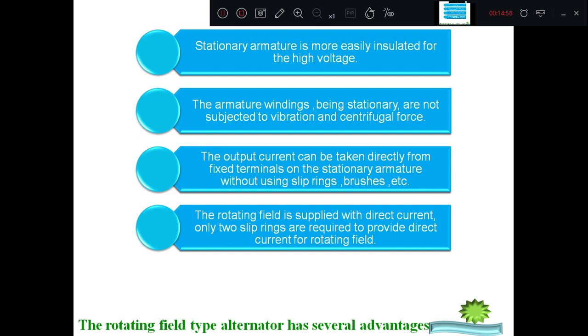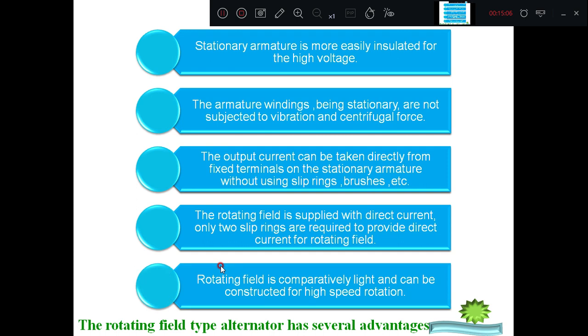That is, if you are using the field as the rotating part, you are minimizing the number of slip rings. Then the rotating magnetic field is very light and you can rotate that rotor at very high speed, so that we can get more electricity. That is the advantage. The armature is easily insulated for higher voltages.